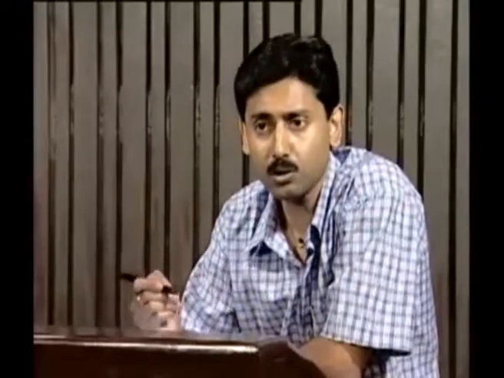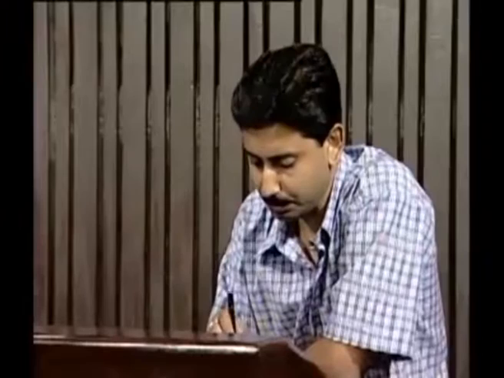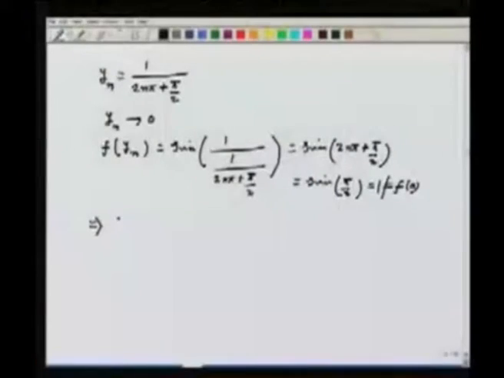That means you cannot choose a value of f of 0 where for all sequences f of xn will converge to that value. It is not possible. So this implies f is not continuous at x equal to 0.